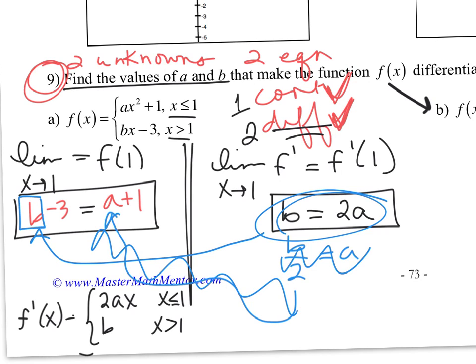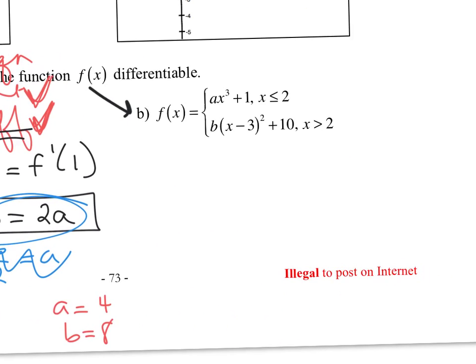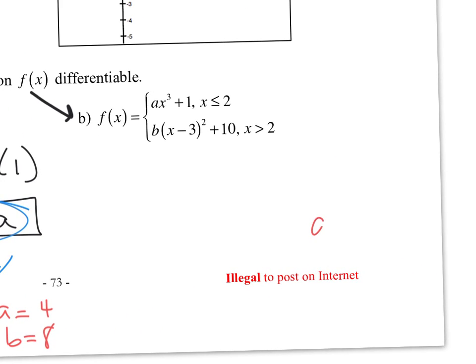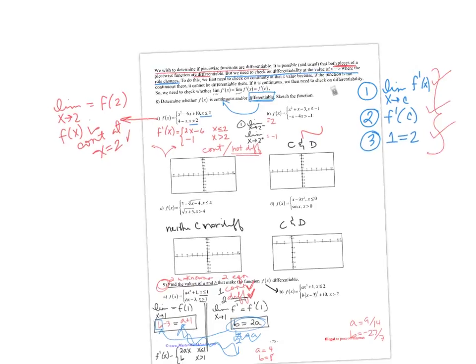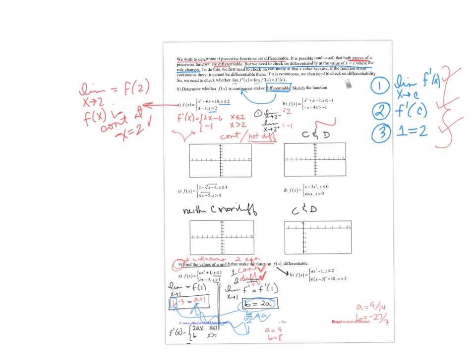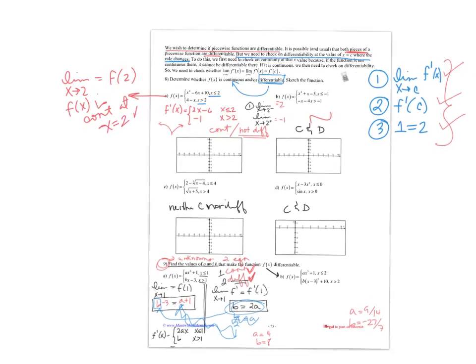So 2a minus 3 equals a plus 1. Do the algebra to find that a is 4 and b is 8. Use that as a guideline for this question, where the answer is a equals 9/14 and b equals negative 27 over 7. So that is the video on continuity and differentiability.